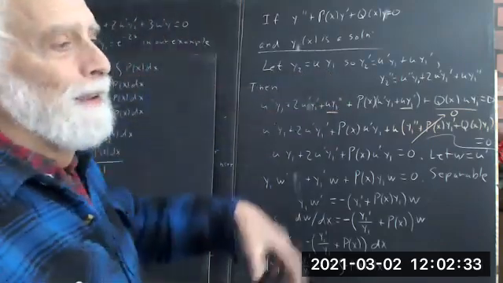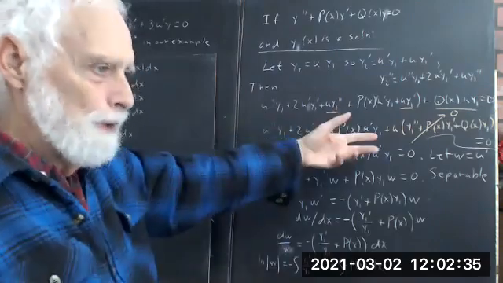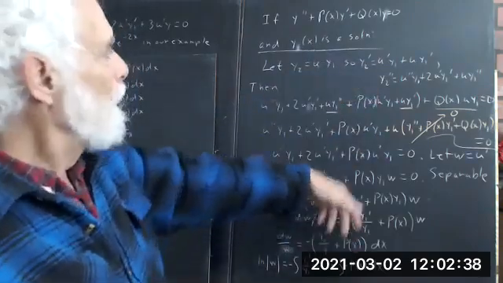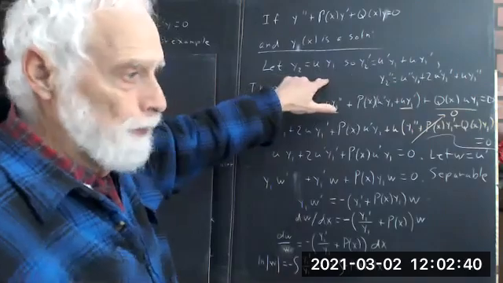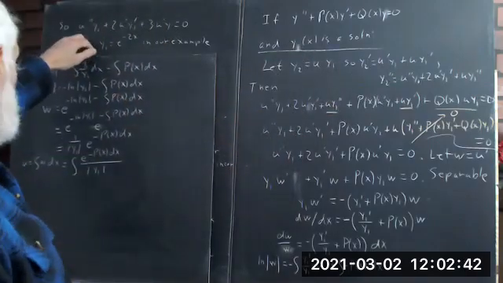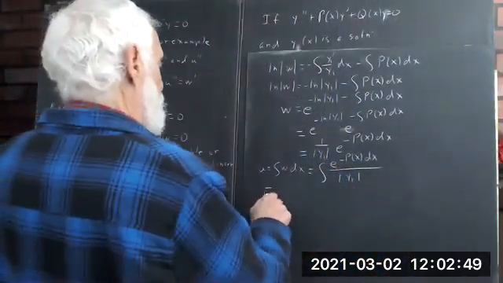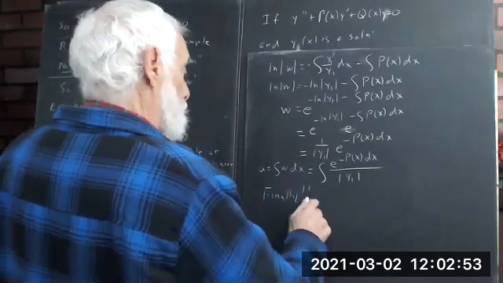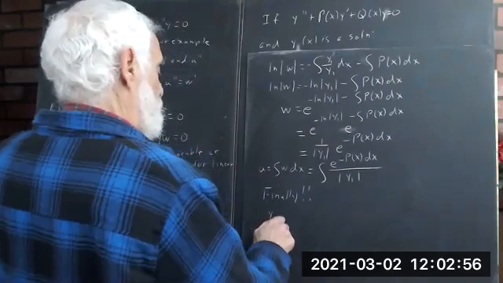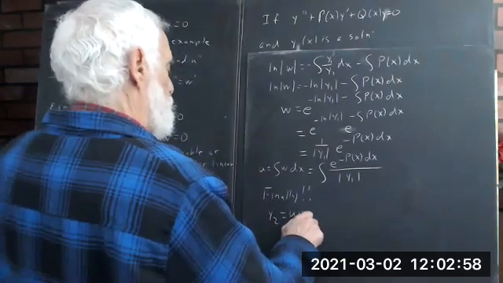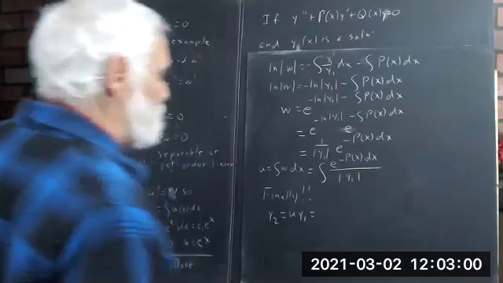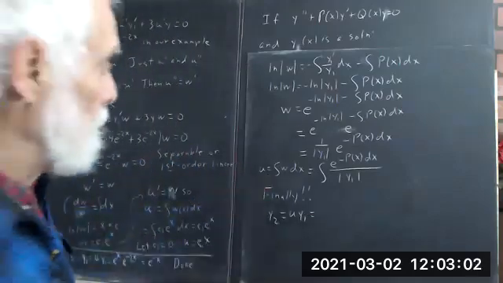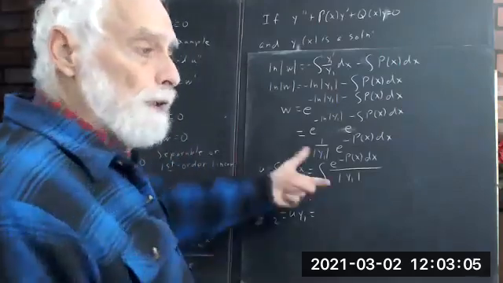So we've gone through u, and we had to go to w and then get back to u, and now we've got to get all the way back to y2, but that's really easy. y2 equals u times y1. Finally, y2 equals u times y1, and we've got our new solution, at least in integral form.